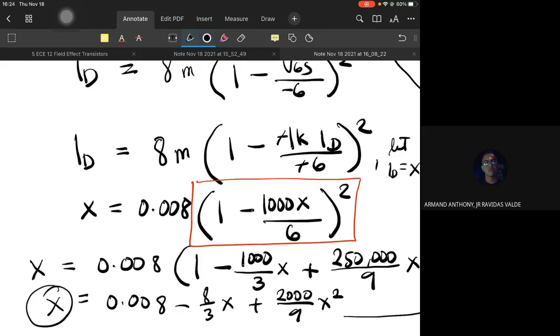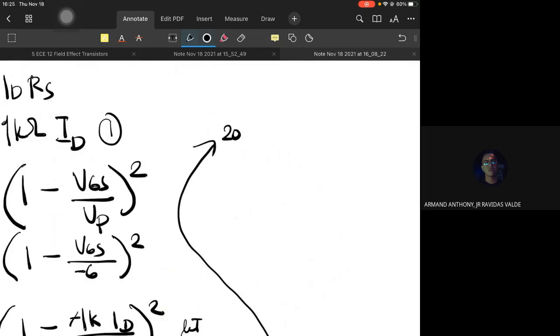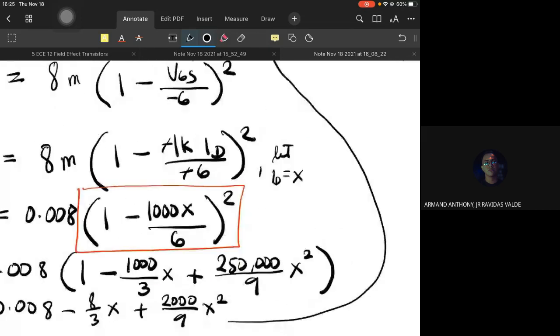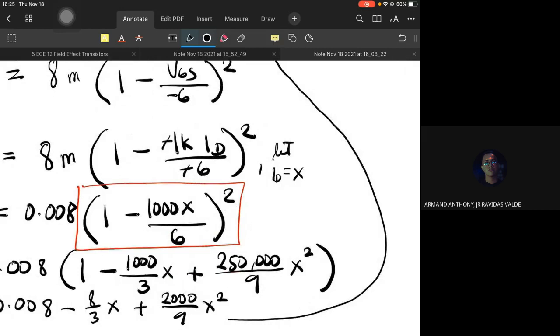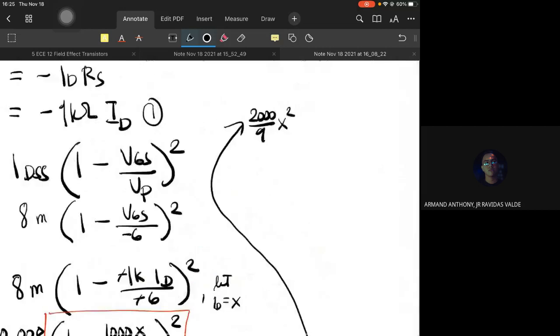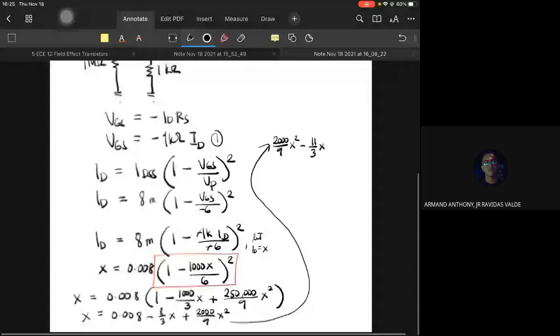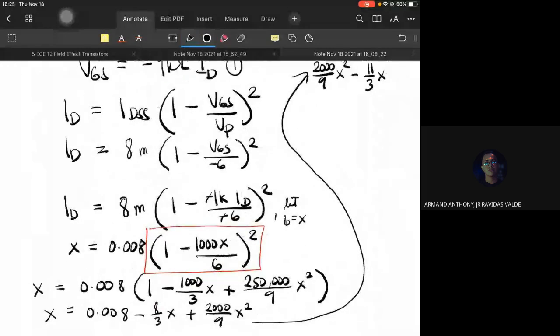They have the same degree, so I combine them to equate to 0. So this becomes 2,000 over 9 x squared, negative 8 over 3 minus 1 is negative 11 over 3, minus 11 over 3x, plus 0.008.